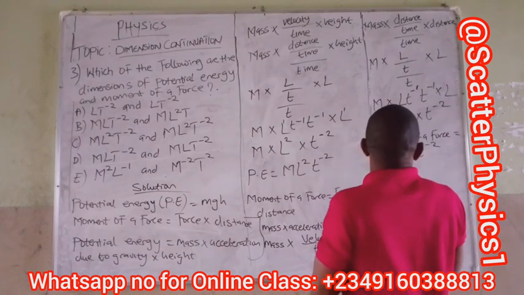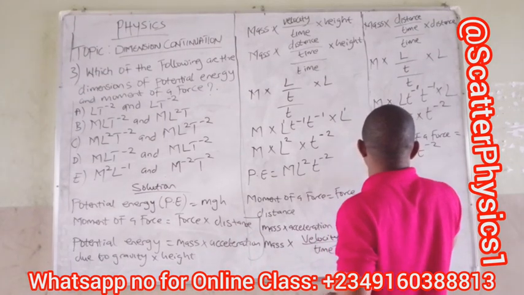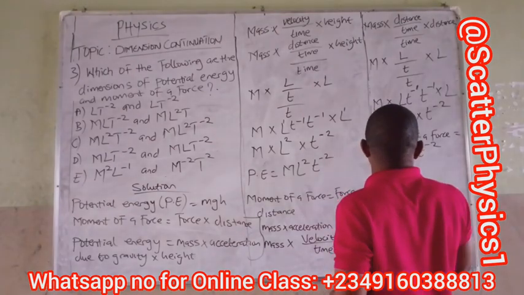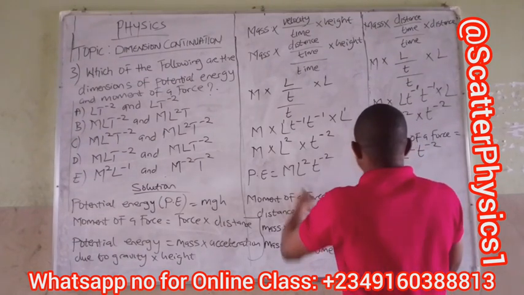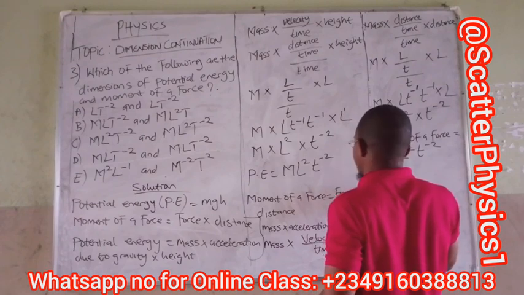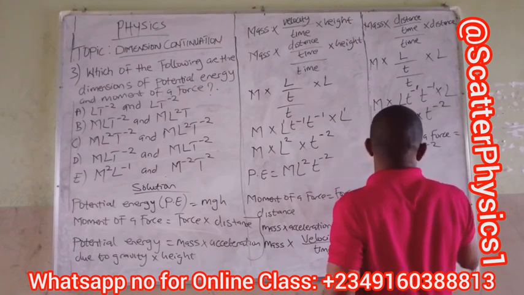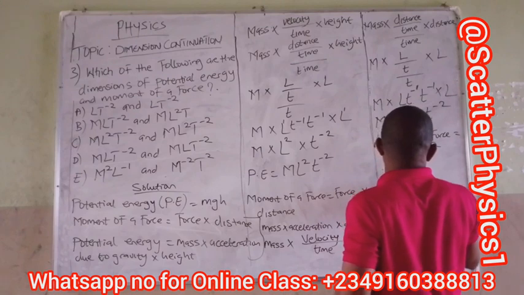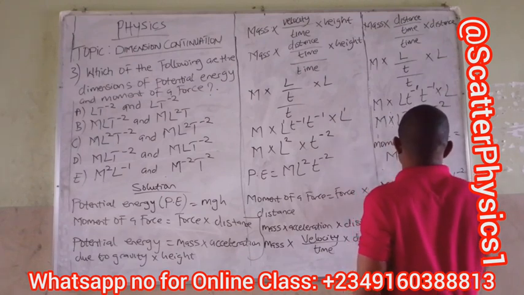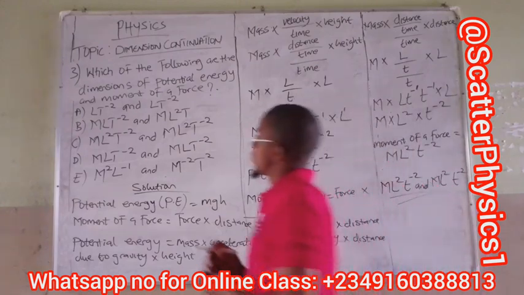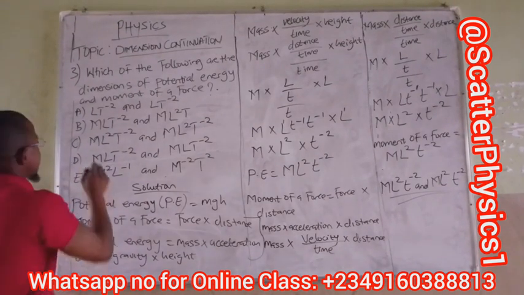Then we have the potential energy, which is M L to the power 2 T to the power minus 2, and the moment of force, M L to the power 2 T to the power minus 2. That's the answer. So what is our answer in the options? You see it, we got the answer, and our answer is C.